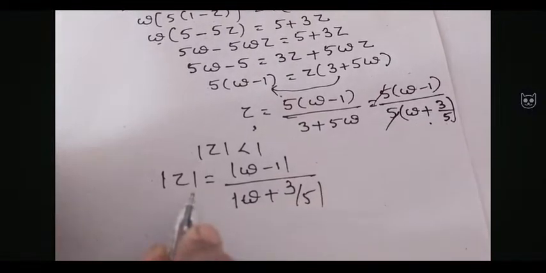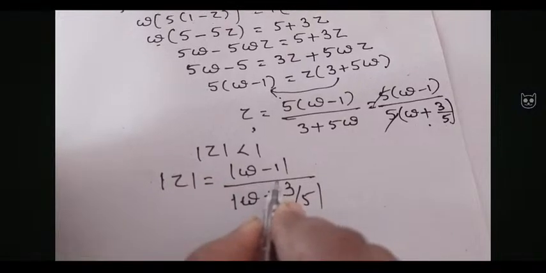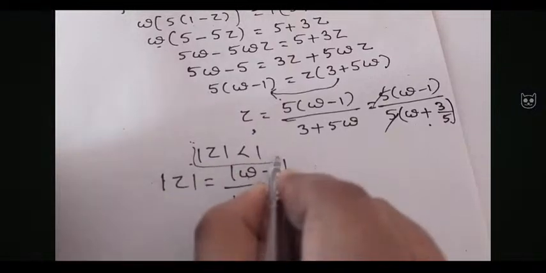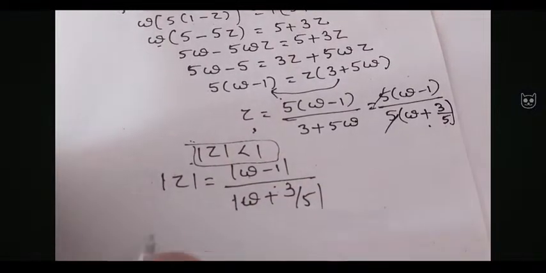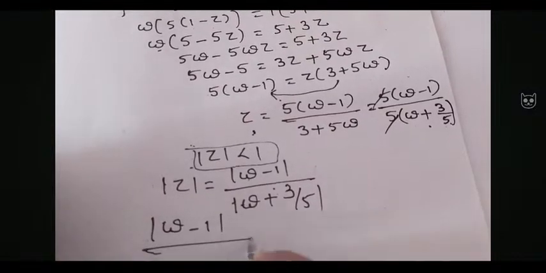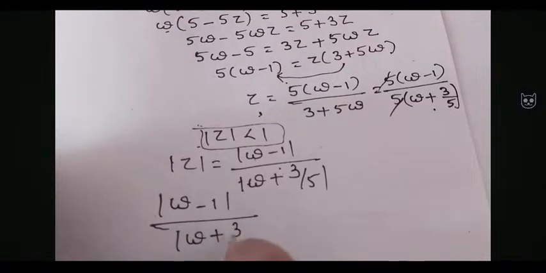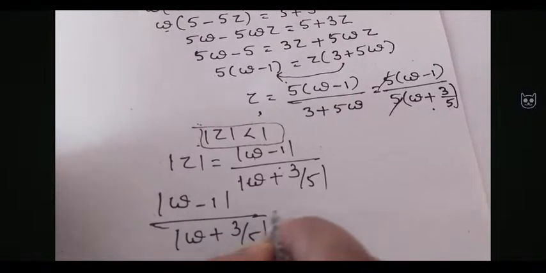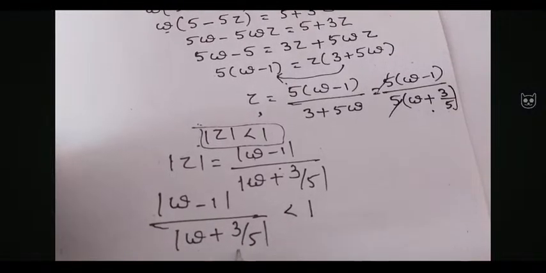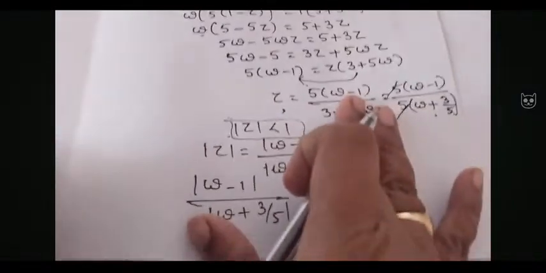Now what is this modulus? This is the modulus z value. Write this modulus z value in the given condition. So write in this, what is modulus z? Write that mod omega minus 1 divided by mod omega plus 3 by 5, that is less than 1. Now again send this denominator to right hand side. So what we get?